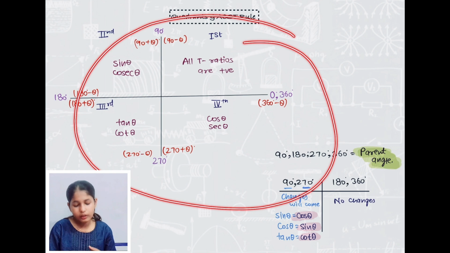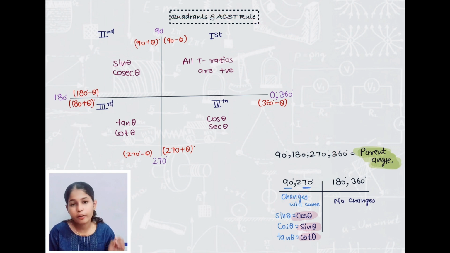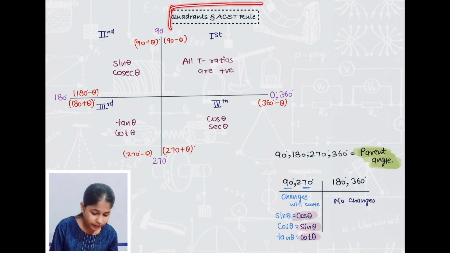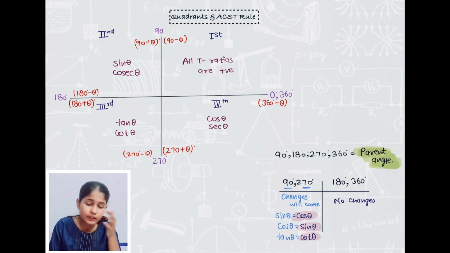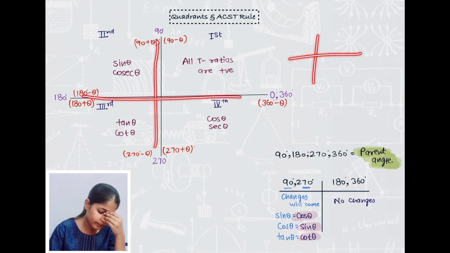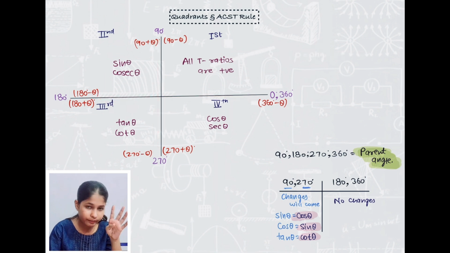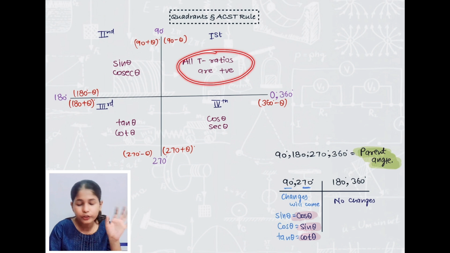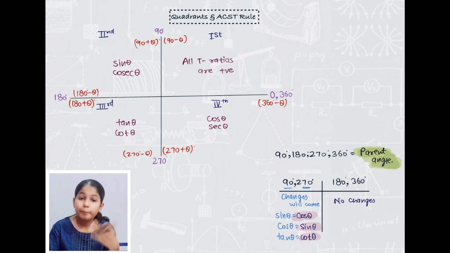Let's recall all these things that we have understood till now in one recall. We are understanding the quadrants and the ACST rule. In case of quadrants and the ACST rule, we have this line and we have 4 quadrants. In the first quadrant, all the trigonometric ratios will be positive, but in the second quadrant, only sin theta and cosec theta will be allowed to be positive.